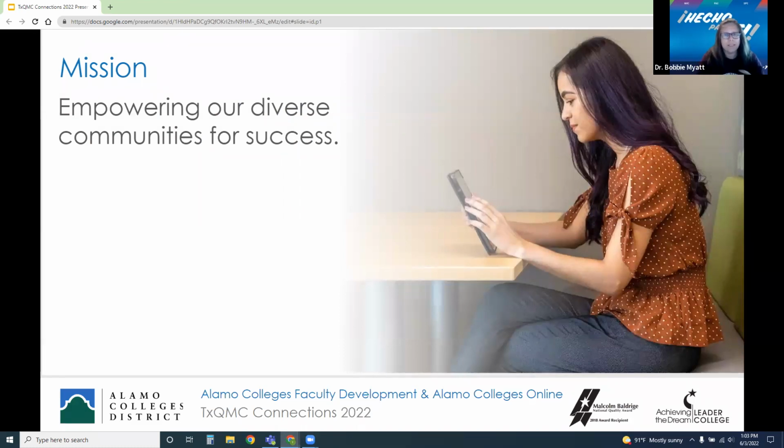When anybody becomes a part of the Alamo Colleges family, they have to choose one of these values that they will champion. They are students first, can-do spirit, collaboration, community engaged, respect for all, and data informed. It is of those foundational values that we work in our 5 college system.